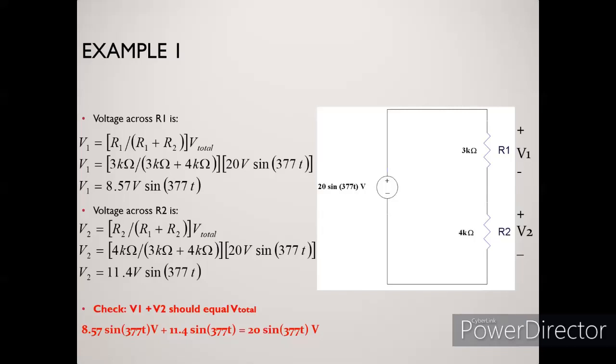We substitute in the values, and since we already know all the values, we will get our V2. If you want to check our answers, it's very simple. Since we know Kirchhoff's voltage law, V1 plus V2 should equal 20 sine in brackets 377t.